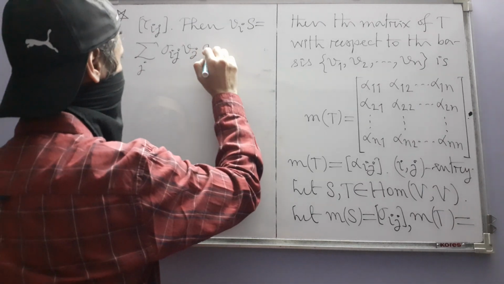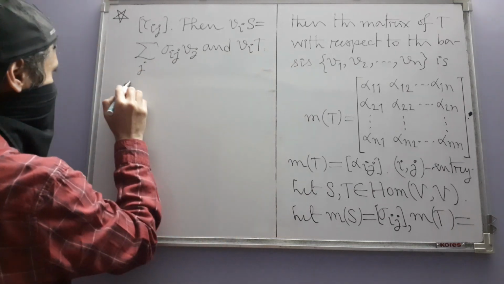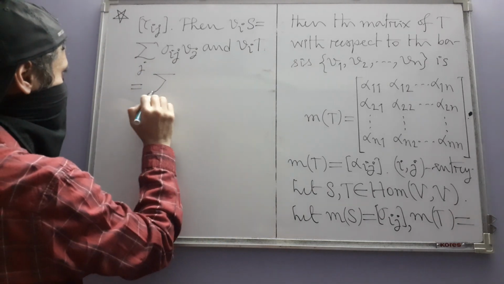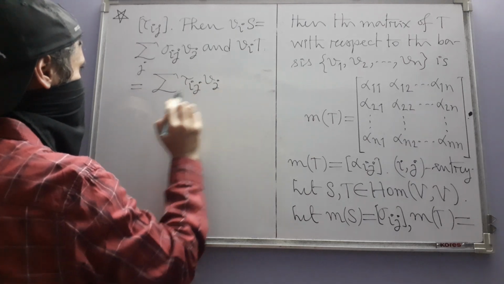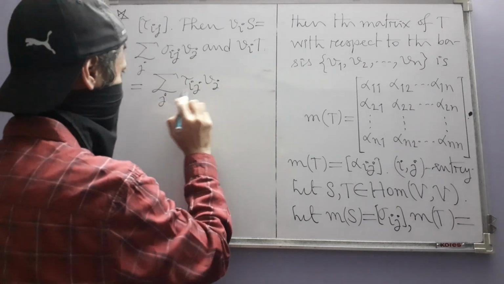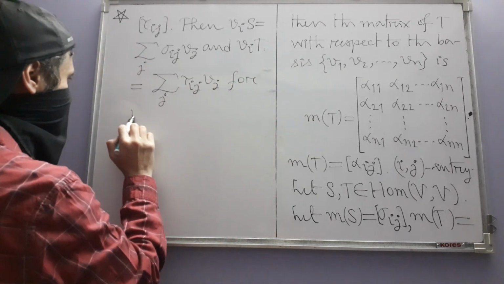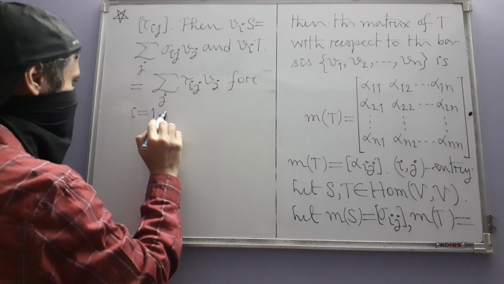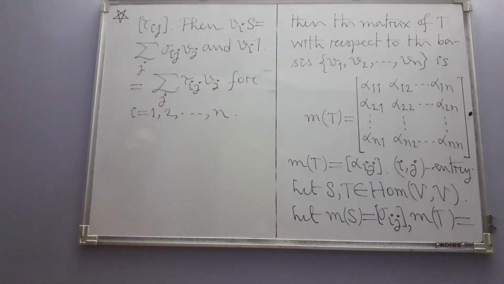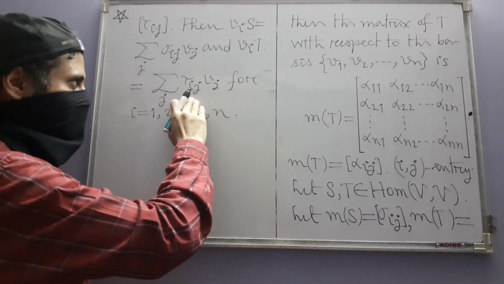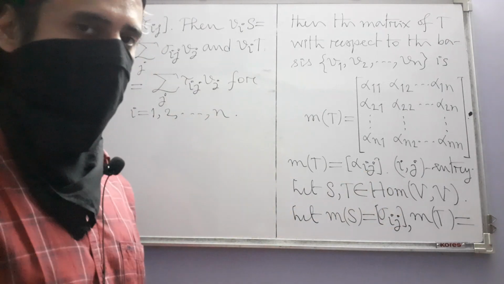And Vi T is equal to the summation of tau ij Vj, and the summation varies over j. Now I can write this for all these i's. And that is why, because of these equations, we have the matrices of S and T like this.